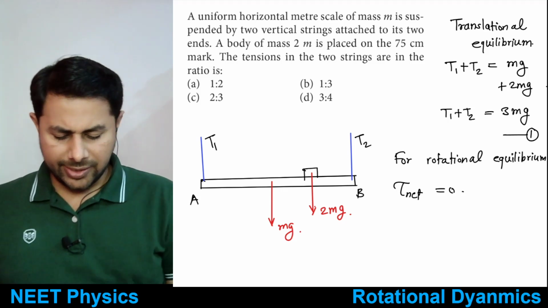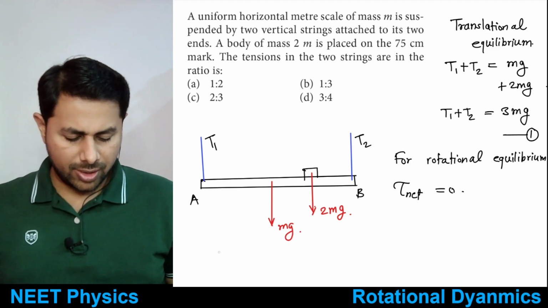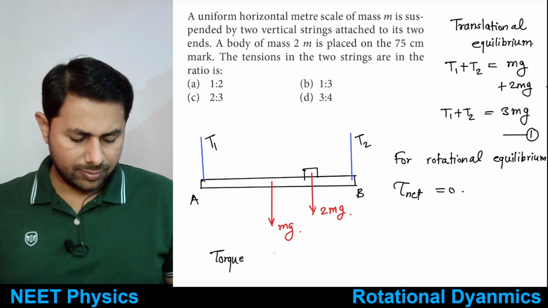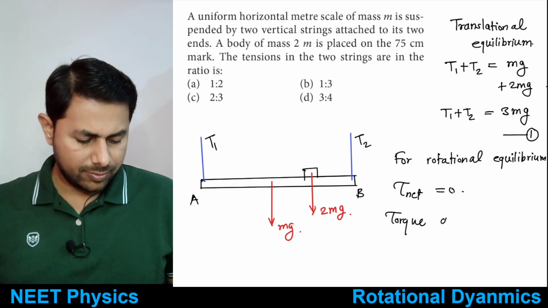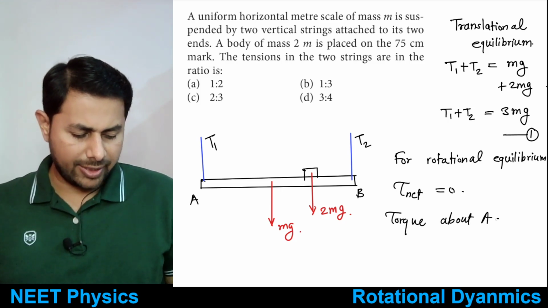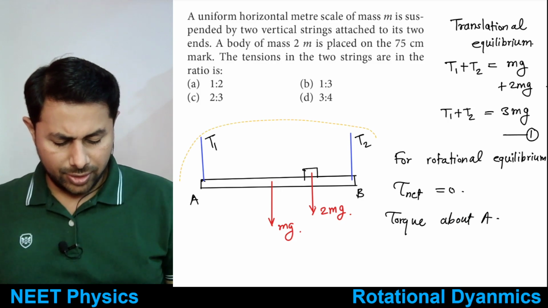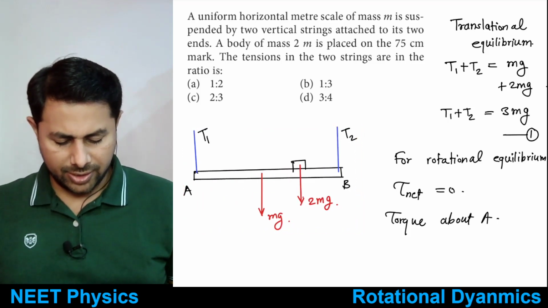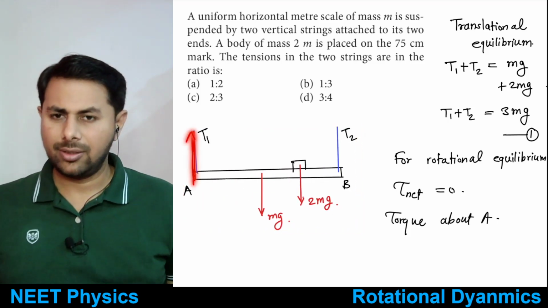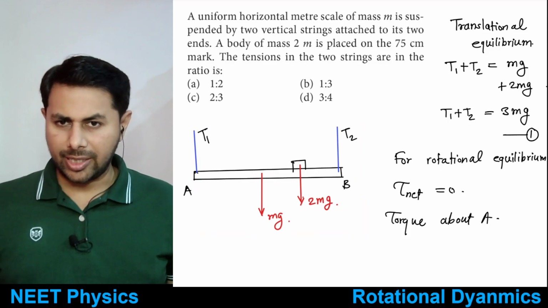Okay, so let's take torque about A. Let's take torque about point A. Okay, so this first force, that is T1, tension in the string, it passes through A only, therefore there is no torque because of that.